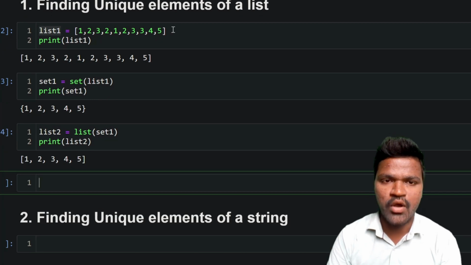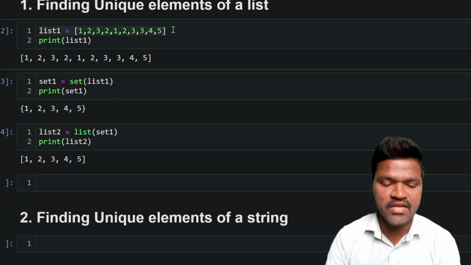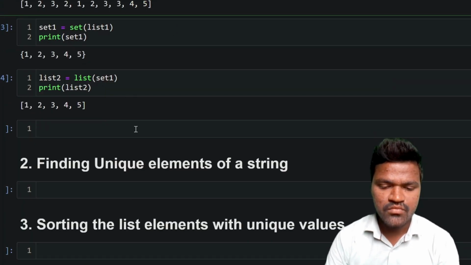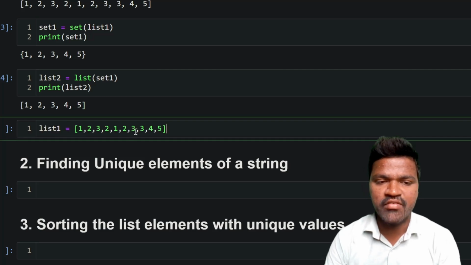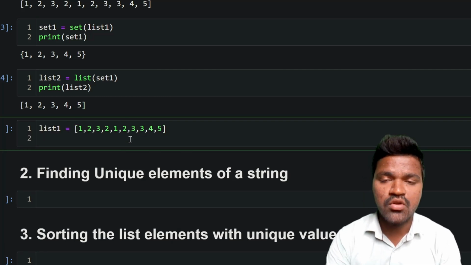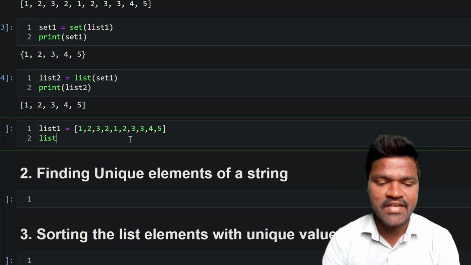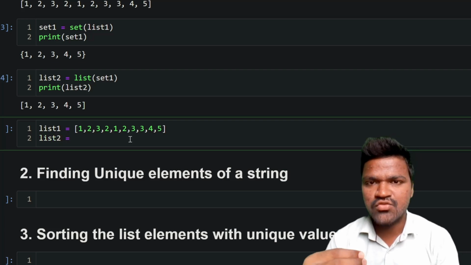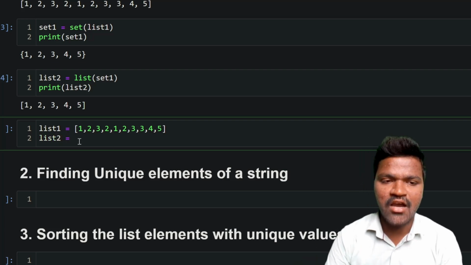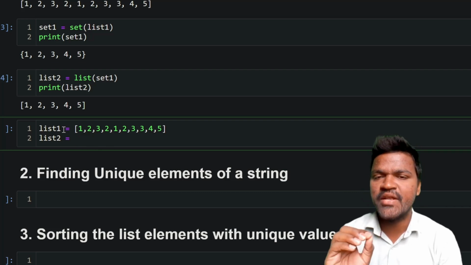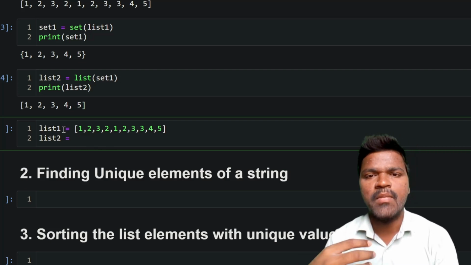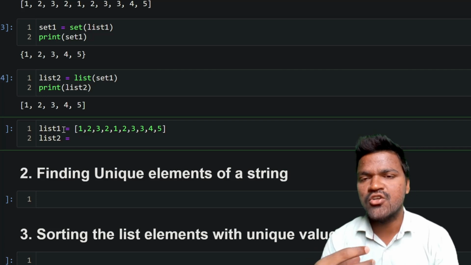Initially, I will come from this list1 itself. Here in this list1, we have all the duplicates, right? Now I will take list2 here. First, we have this list1 having duplicate elements, and we know by passing this list1 to the set method, we can remove all the duplicates, right?